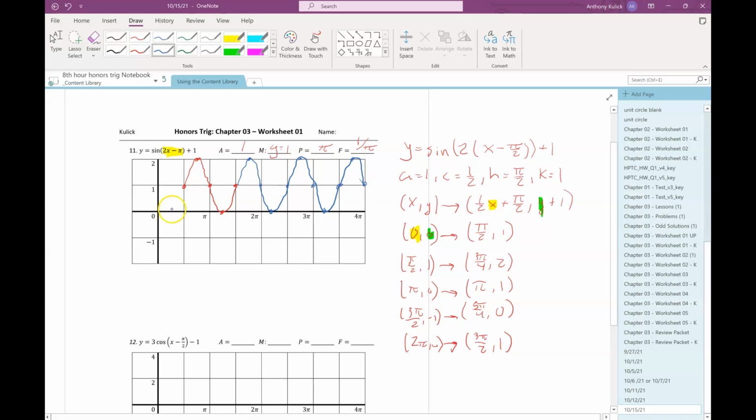And we'll do the same thing in the other direction. So min, midline, max, midline. So there's what we got. Any questions about how I extended things? Okay.